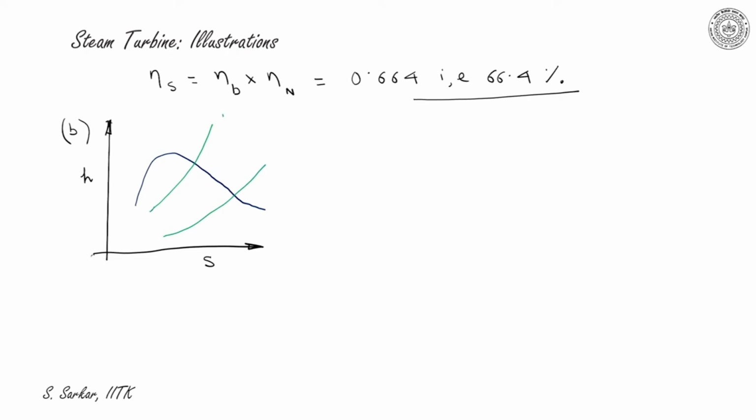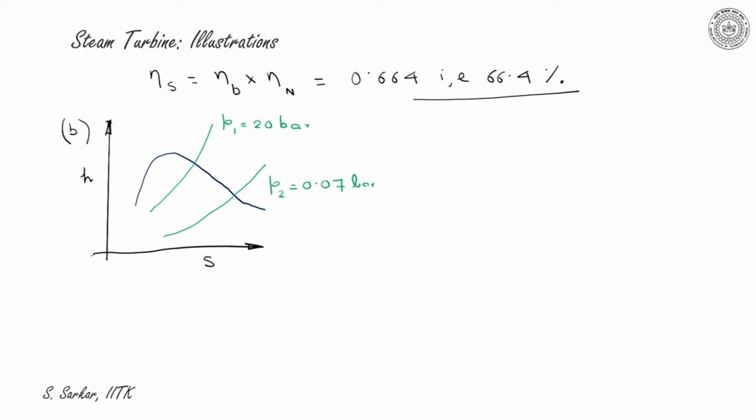Let's consider this is P1 equal to 20 bar and P2 being 0.07 bar. Now let us consider the expansion.